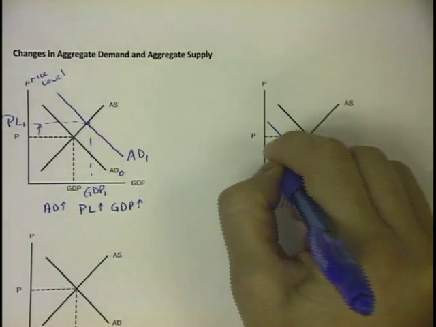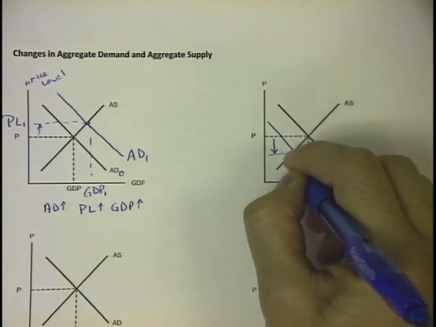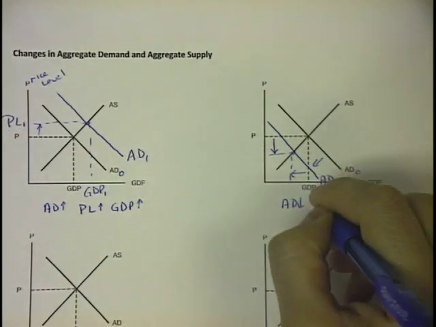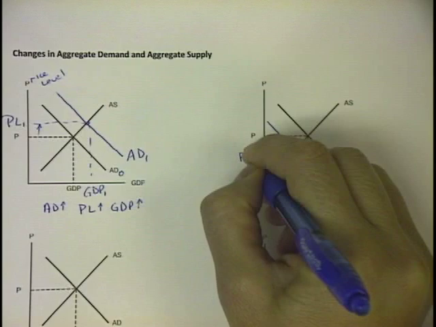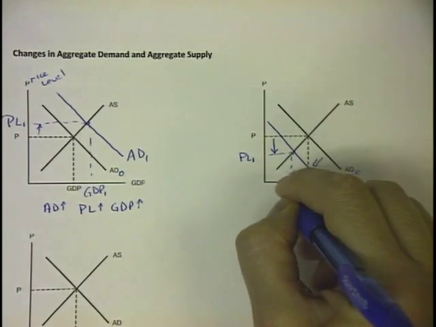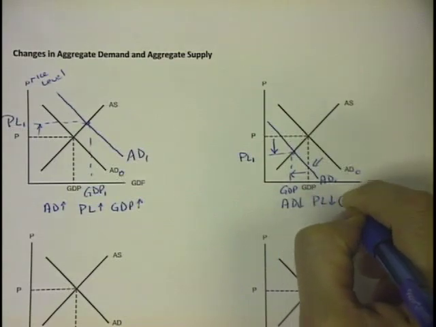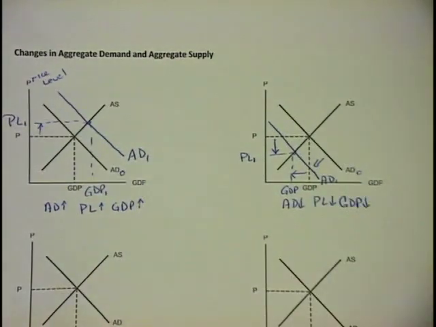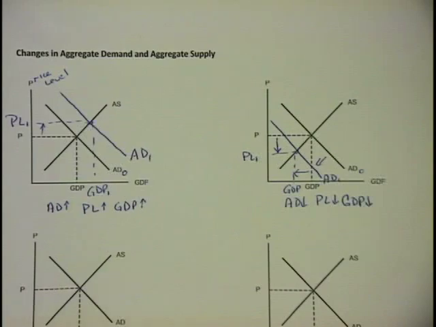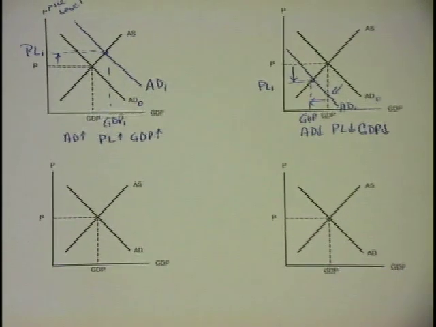And when that happens, our price level comes down and real GDP goes down. So price level and real GDP both decrease. Okay? Increases in aggregate demand will increase price level, increase real GDP. Decreases in aggregate demand will decrease price level and decrease real GDP.